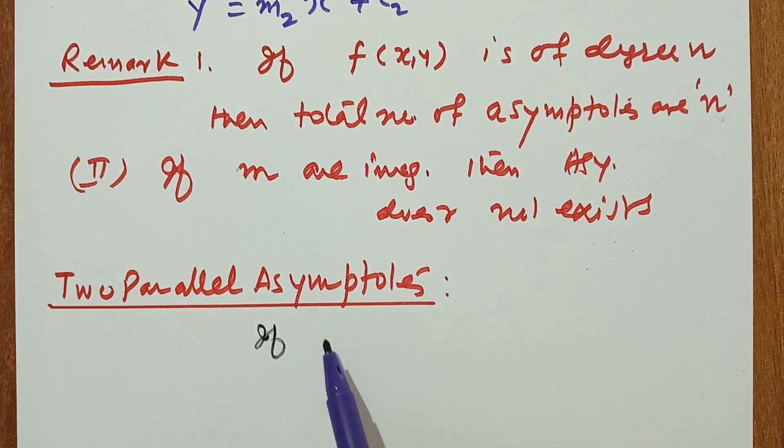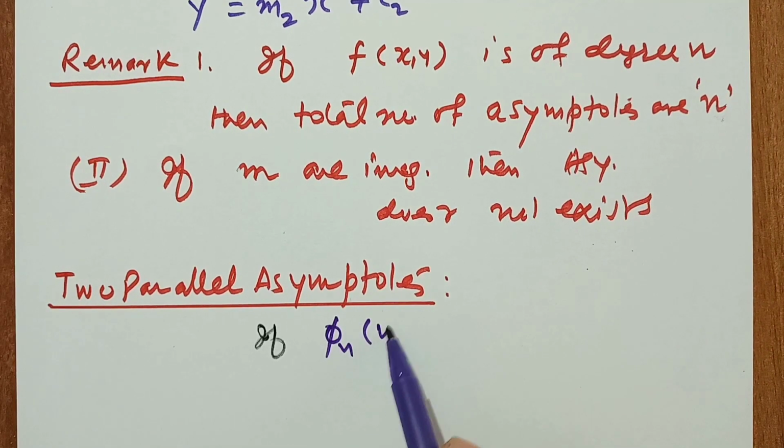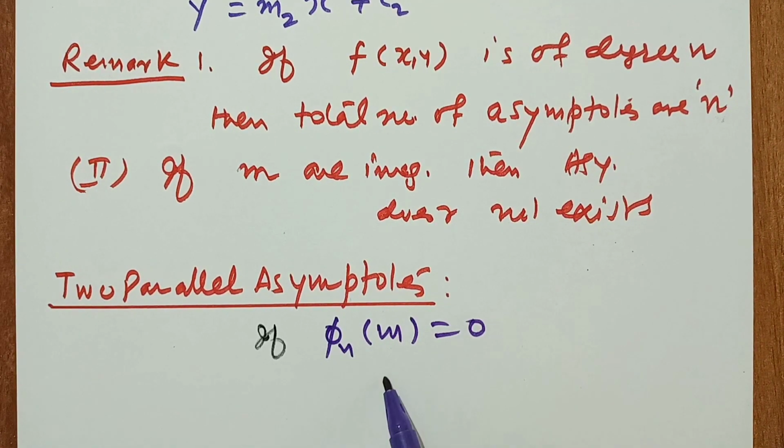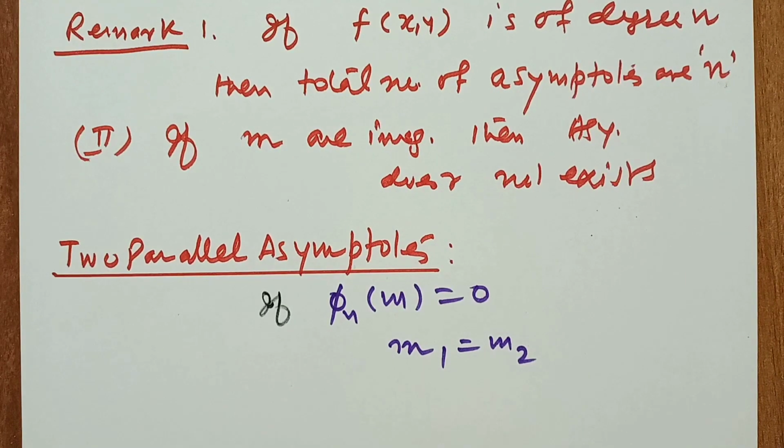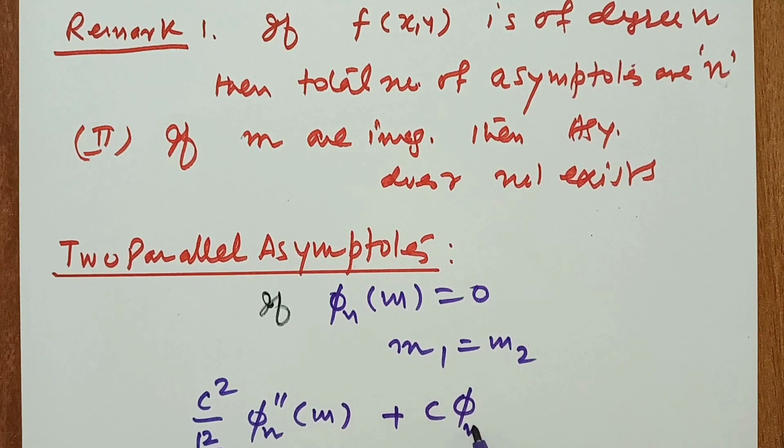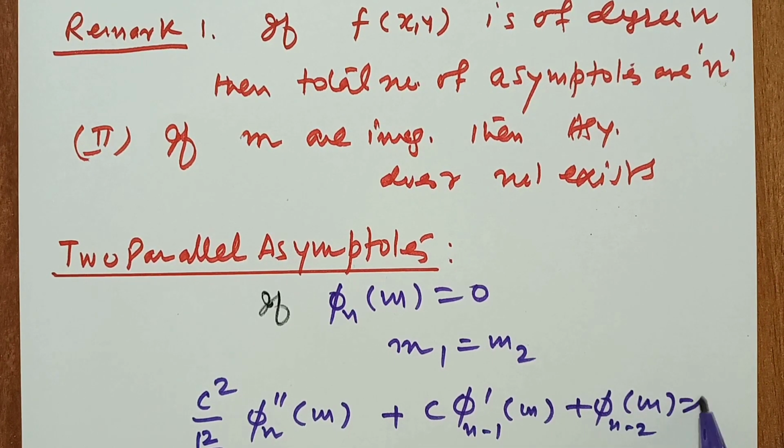If phi n equal to 0 gives two values m1 equal to m2, meaning the roots are equal, then we calculate the value of c by the following formula: c square upon factorial 2 phi n double dash m plus c phi n minus 1 dash m plus phi n minus 2 m is equal to 0.